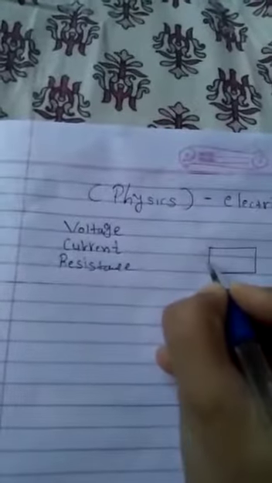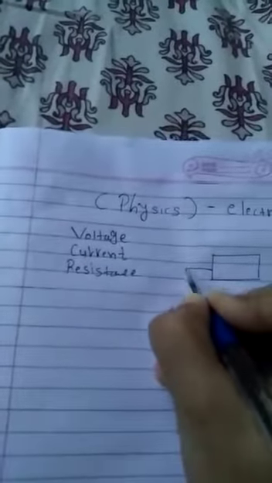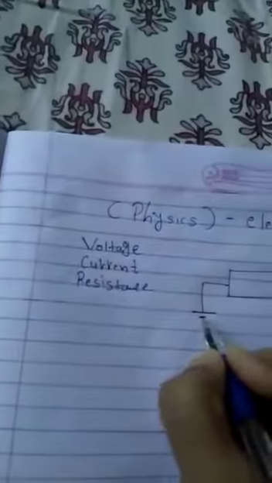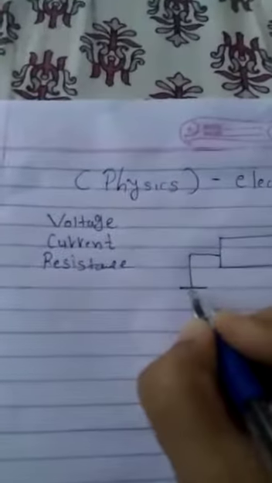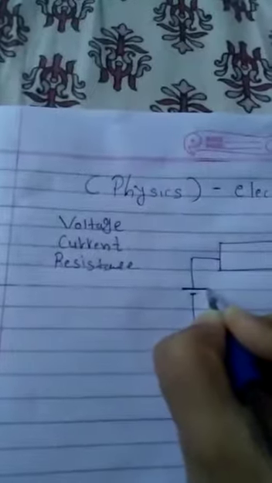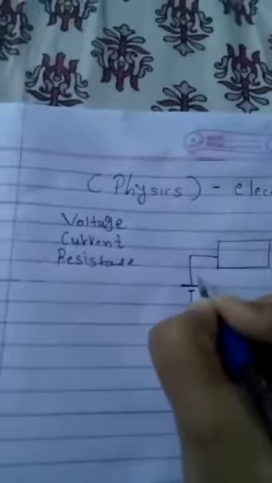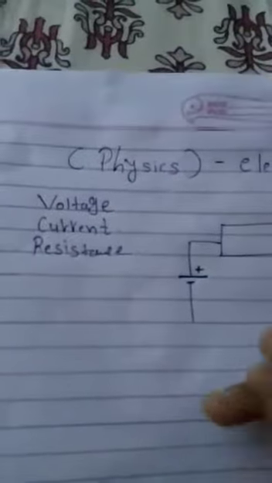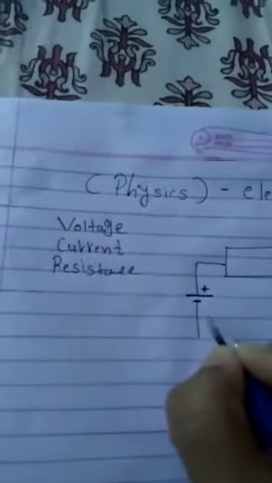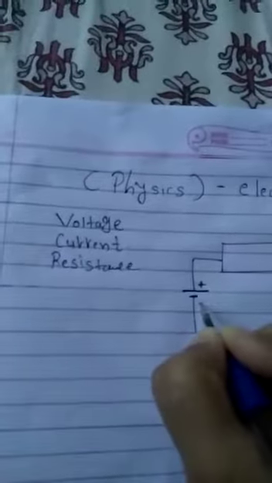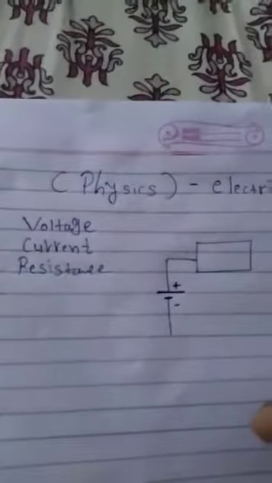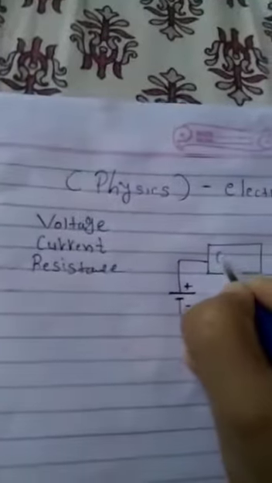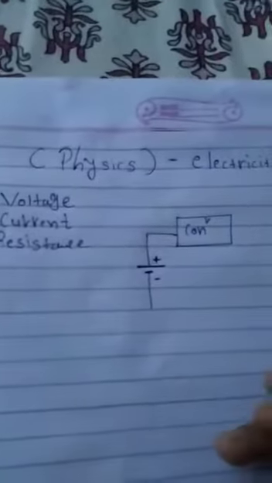Now I give one supply. This is one supply. The big dash, or you can say big line, is for anode, or positive, and the small one is for cathode, and it's called negative, right? I'm just writing the conductor here.